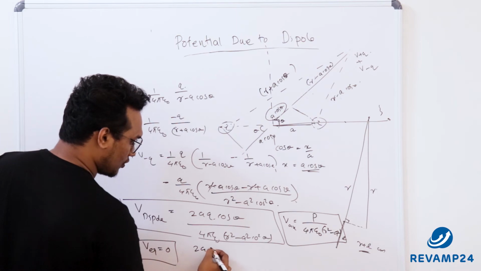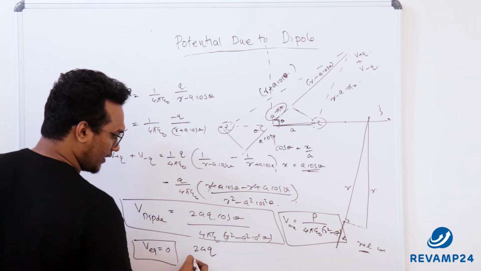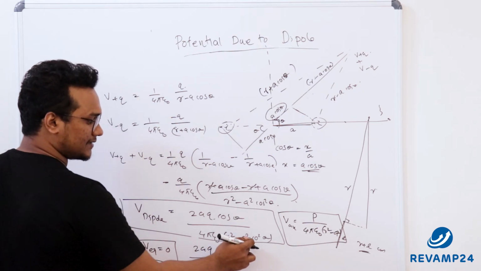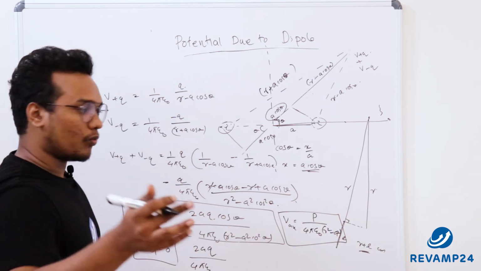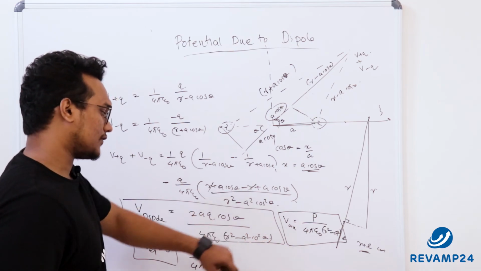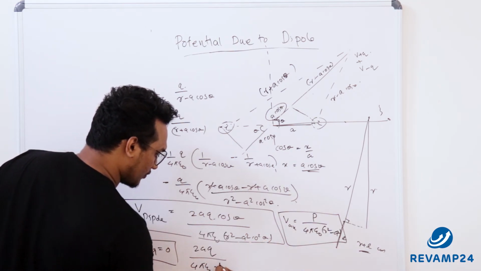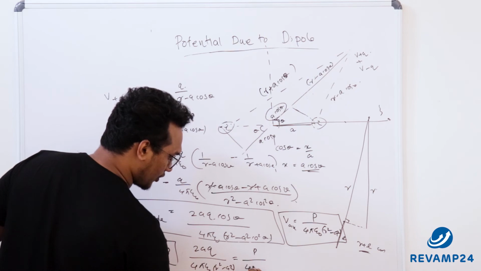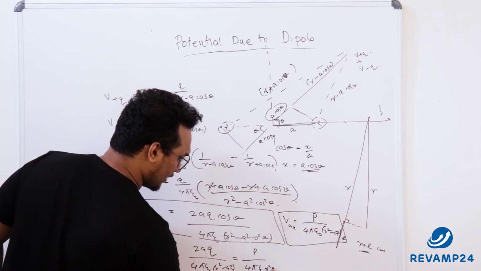That will become 2aq cos 0 divided by 4 pi epsilon 0 r square minus a square cos square 0. Cos 0 is nothing but 1, so that will be 1 square. What is that? r square minus a square.